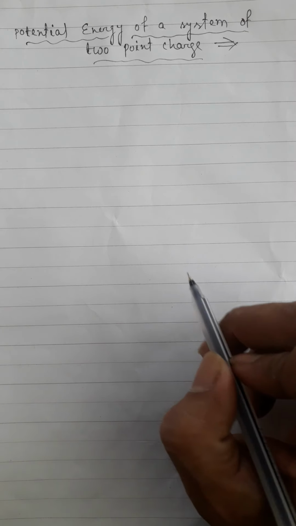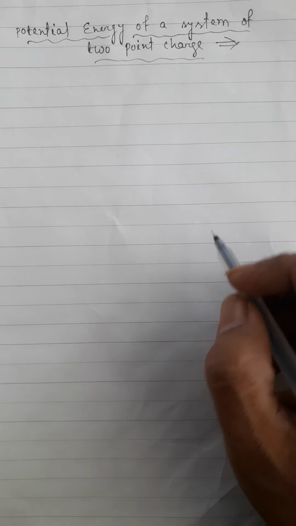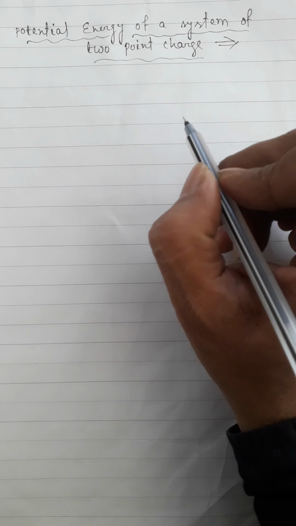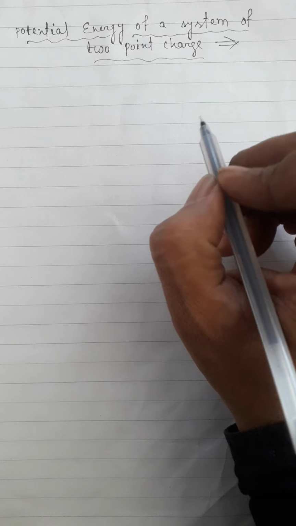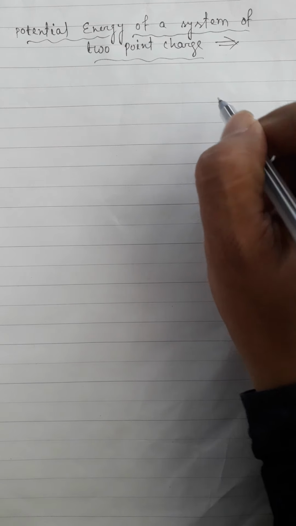So the electric potential energy of a system of point charges is the work done, or work required, to assemble this system of charges by bringing them in from an infinite distance.